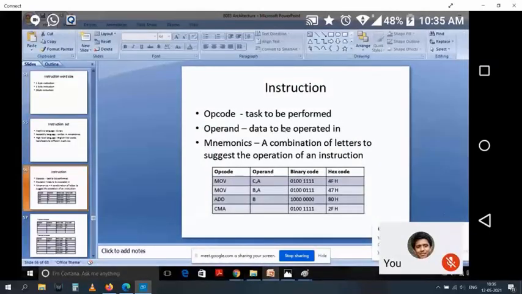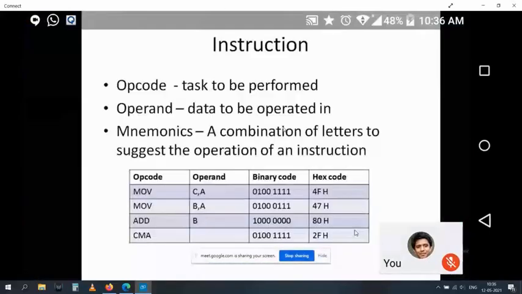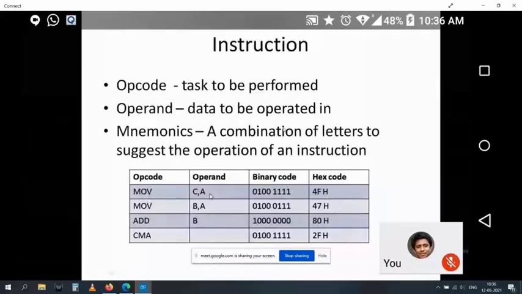So here again, if we see, MOV C, A is 4FH. MOV B, A, contents of accumulator A to B, is 47H. If it is D, A, it will be again something different. So when the operands are changing, your hex code is changing, even though the opcode is the same. So these are a unique set of instructions.